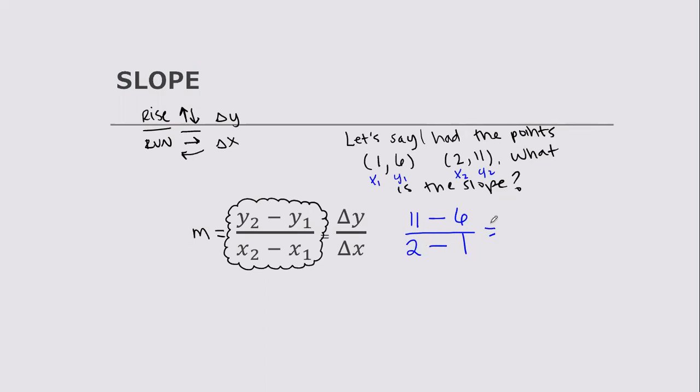So when we do all that, we just subtract. 11 minus 6 is 5. 2 minus 1 is 1. So my slope would be 5. And that is how I find slope.